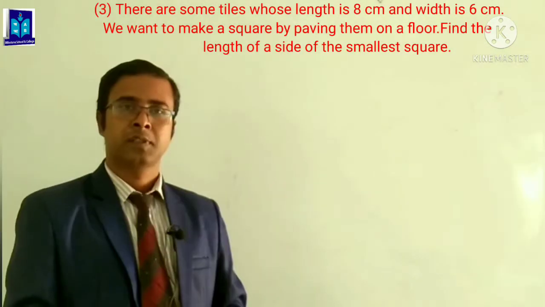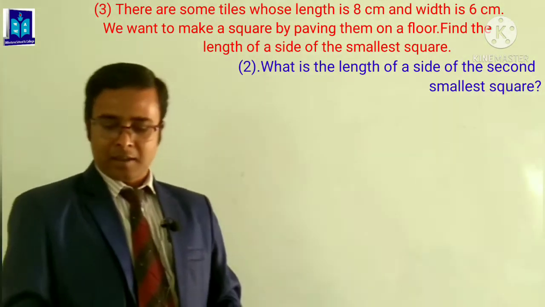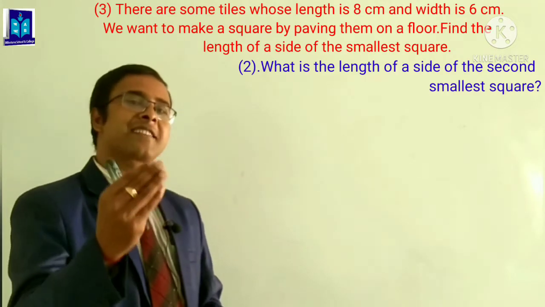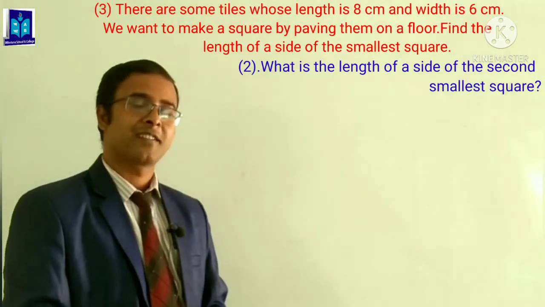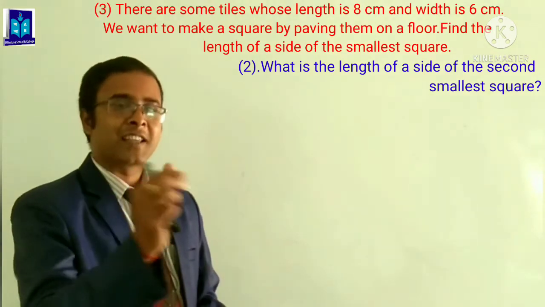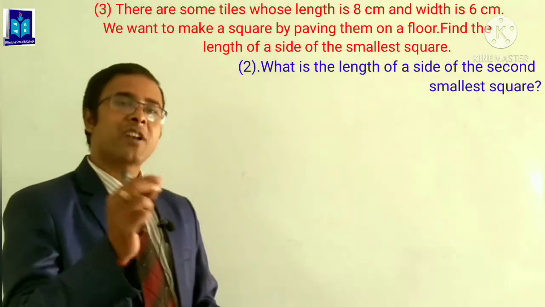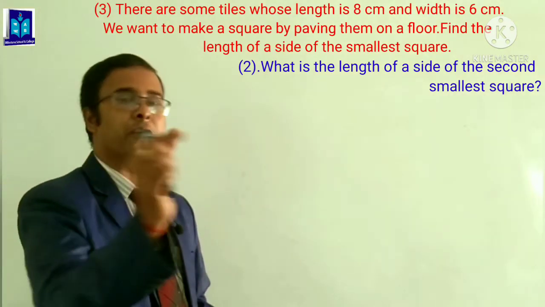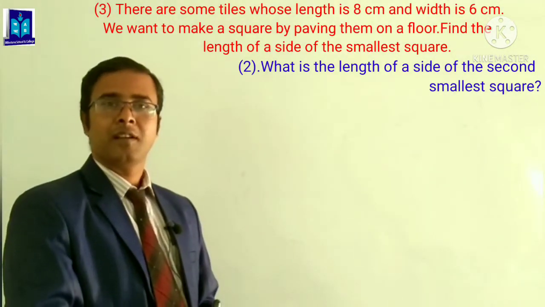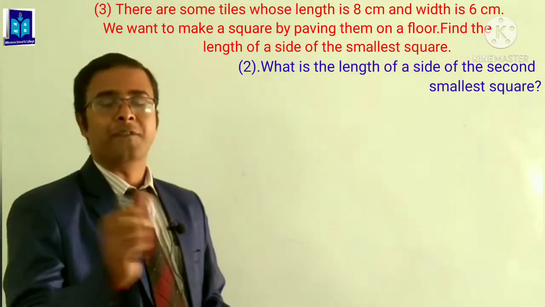Okay. Now second question, what is the length of the side of the second smallest square? Students, from circle 3 already we get the length of the smallest square is 24. It was the first multiple.